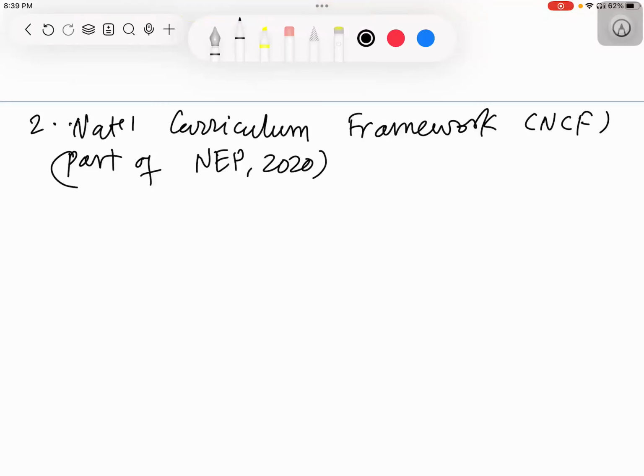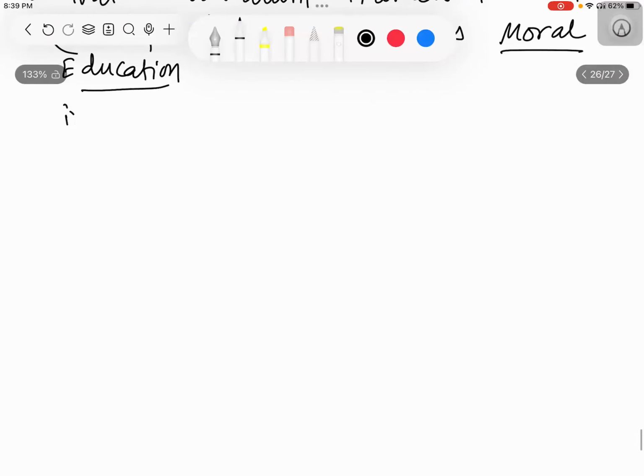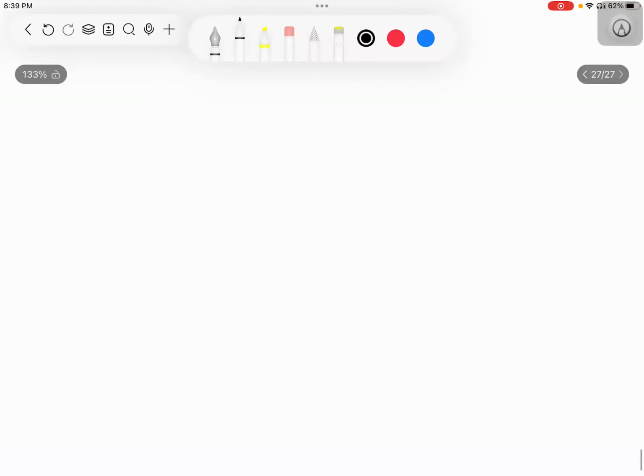Under this includes actually moral education, and specifically this talks about moral education in terms of three components. One component is ethical reasoning or moral reasoning.